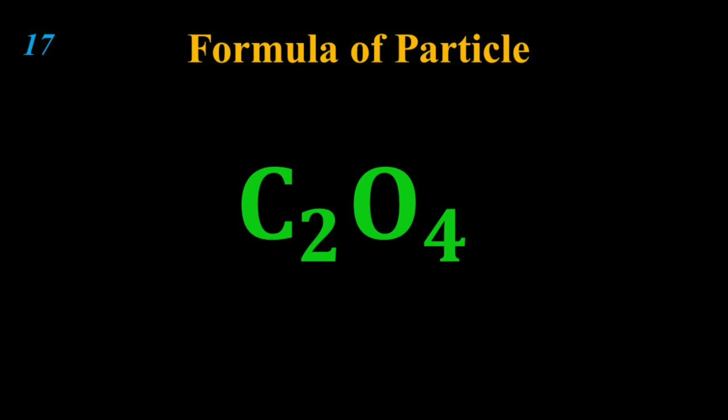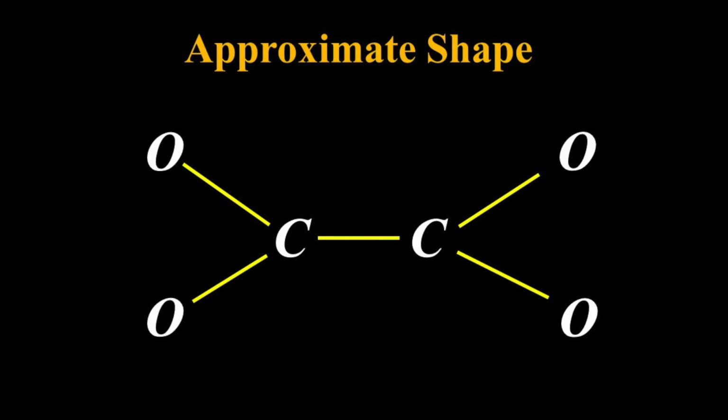Now, C2O4 is fairly straightforward, even though it may look a little bit more complicated. You've got to think of 2 geometries in one. That might give you an idea of what the geometries might actually be.